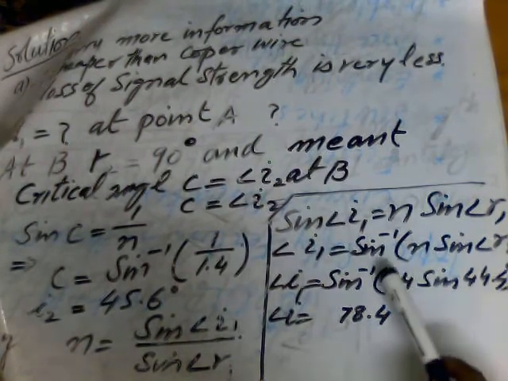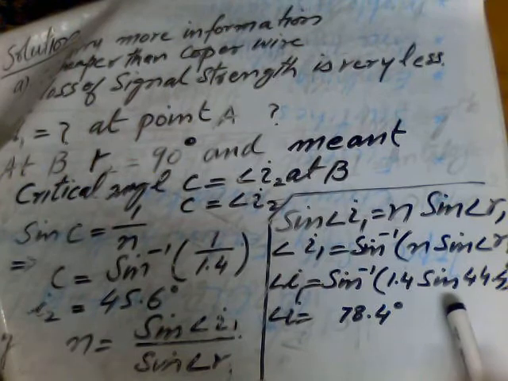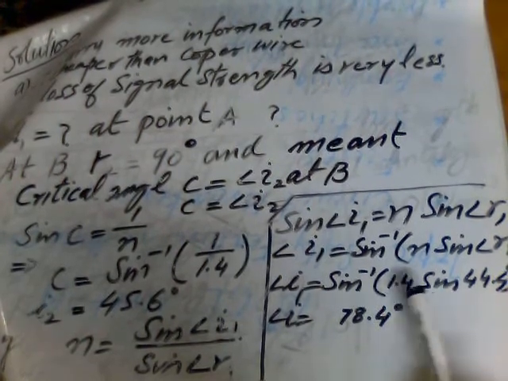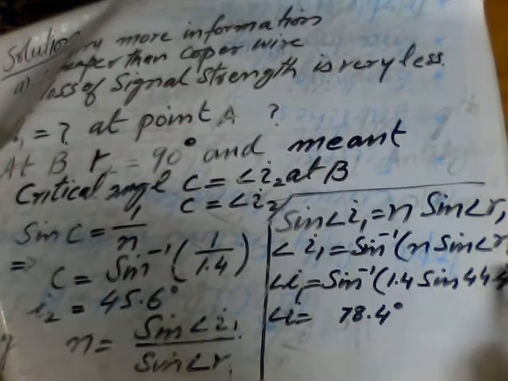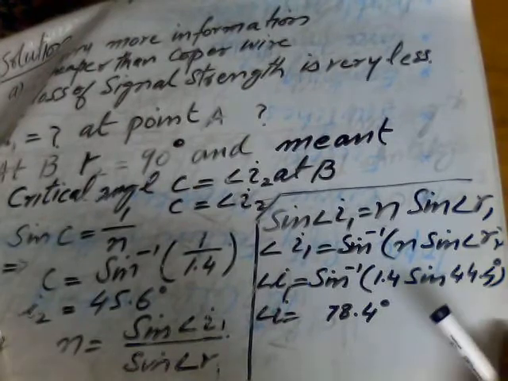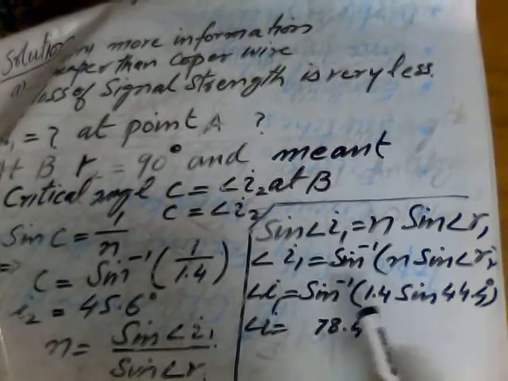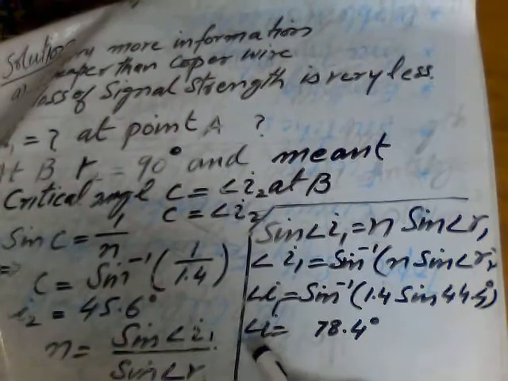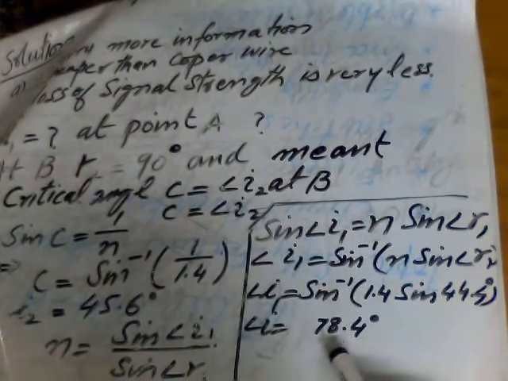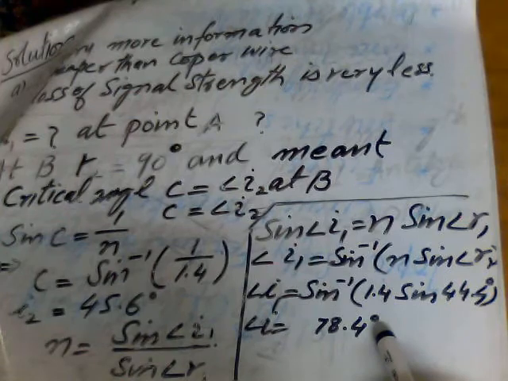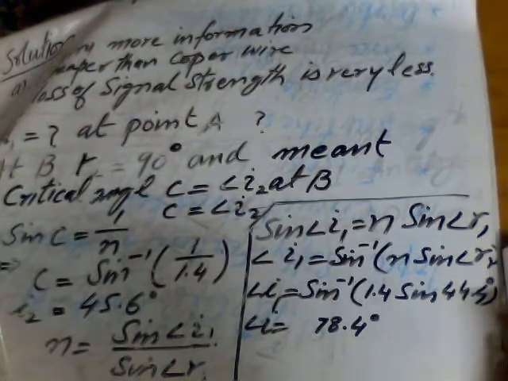So first find the value of sine 44.4, then multiply it by 1.4, and whatever answer comes, you take the inverse of sine of this. So angle I1 is equal to 78.4 degree.